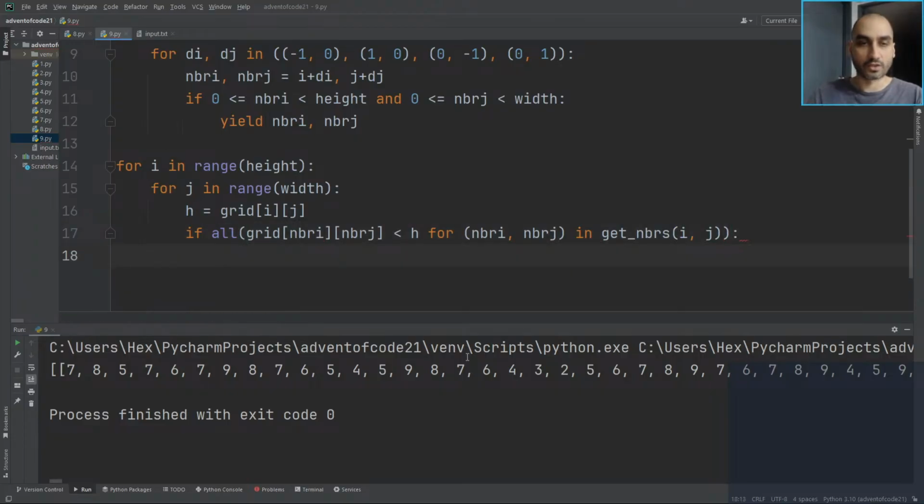So even if it's at the corner, there'll only be 2 values, but if all of them are less than all valid neighbors, oh no, it's the other way around. All valid neighbors are greater than h, then that means i j is a trough. What do we do with that?